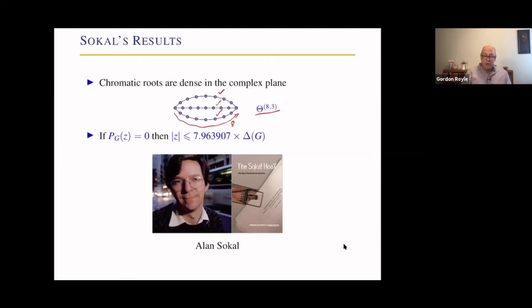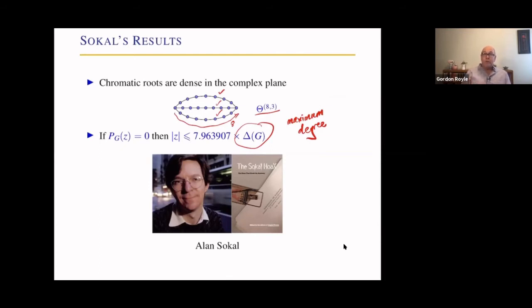The maximum degree of a graph is an important parameter. These two papers by Sokal were in around 2000 and 2001, and they solved two of the longest standing problems in chromatic polynomials. The first result was the one where chromatic roots could go anywhere.